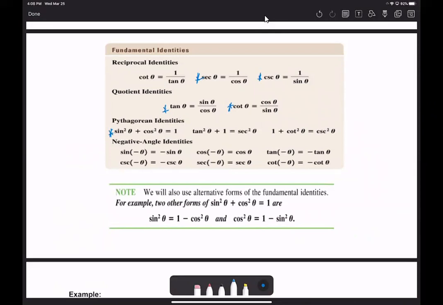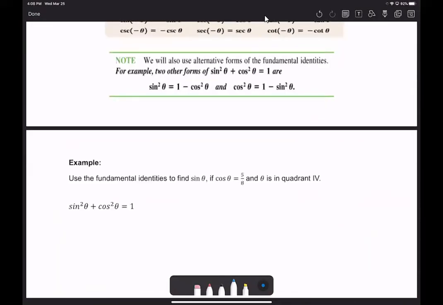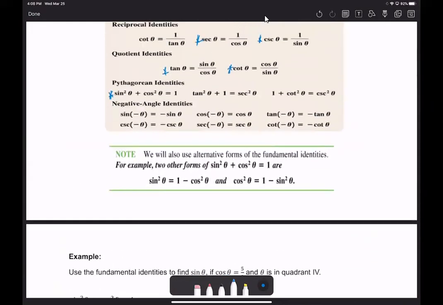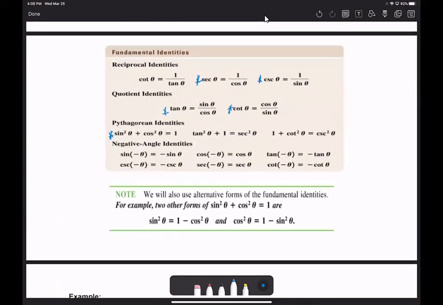So to find sine, if we know cosine, what we can do is look at these identities here and use one of them to help us find the other.